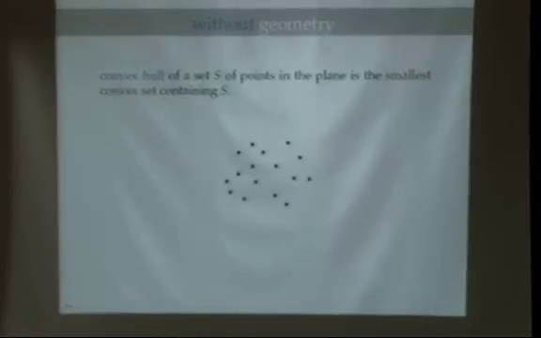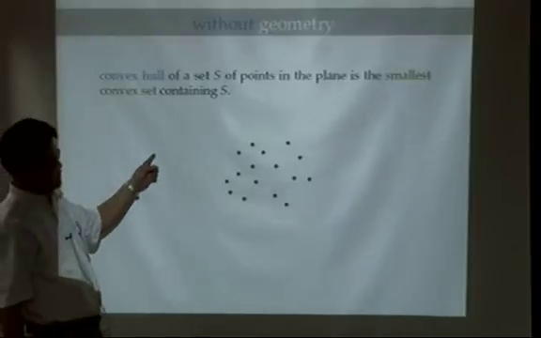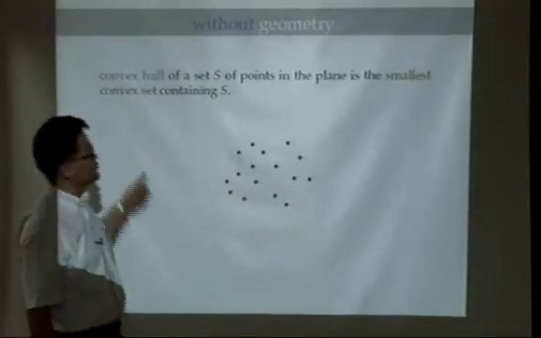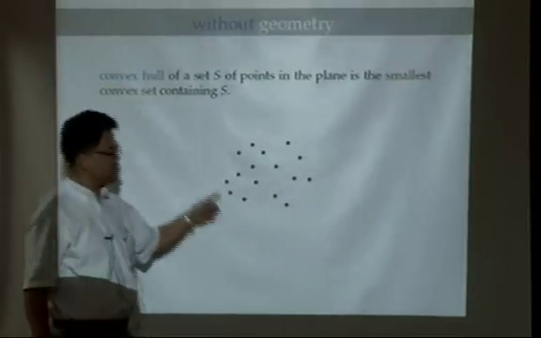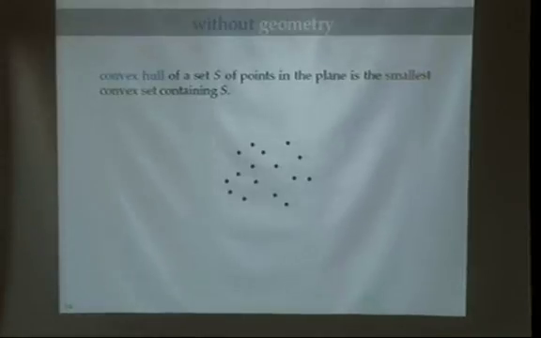The convex hull of a point set S in the plane can be defined as the smallest convex set containing S. If you have a set of points in the plane, you can consider this large one as a convex set containing S, and also this one as a convex set containing S. But what is the smallest convex set containing S? It is called the convex hull of the point set.